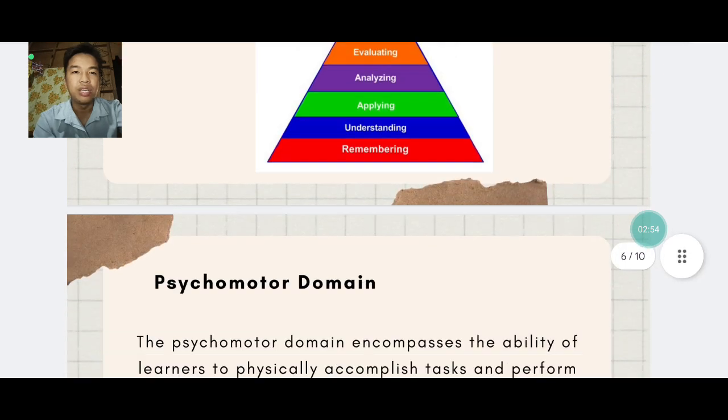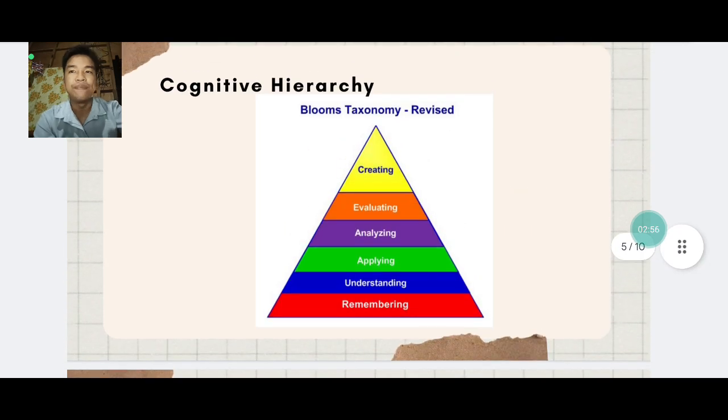First is remember. In remember, the learning outcome is, for example, to remember the names and relationships of the cast of characters in a play. That is one sample learning outcome, because you are going to formulate a lesson plan, so you need to have a learning outcome. What are the goals or objectives you need the learners to achieve?